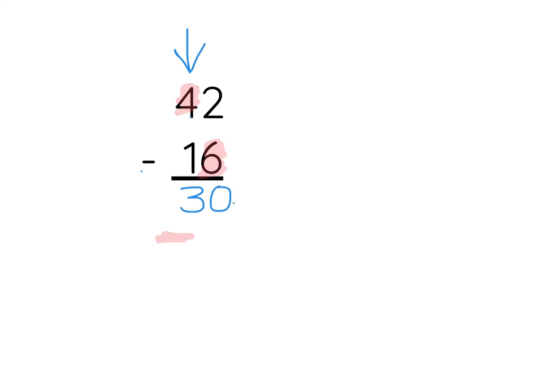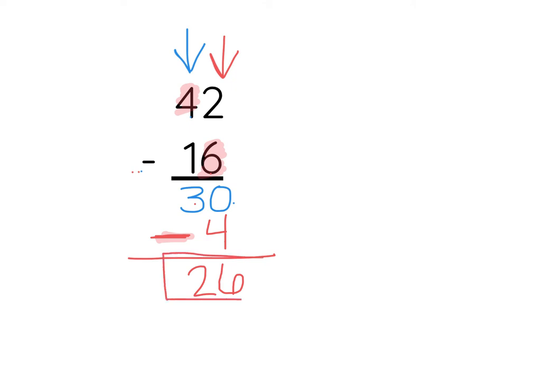Now subtract your ones column. 2 subtract 6. We already put our negative because we knew the 6 was bigger. So 2 subtract 6 equals a negative 4. Well, if I take 4 away from 30, my partner to 4 is 6, and I'm in the 20s now because I took a few away. So 26.